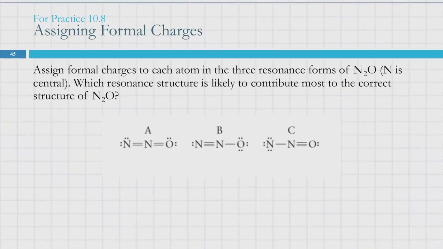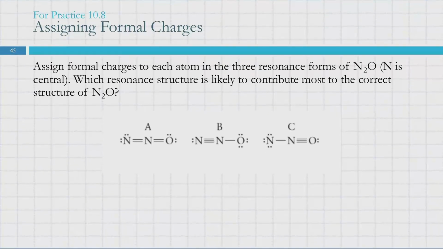All right, assign formal charges to each atom in the 3 resonance forms of N2O, where one of the nitrogens is central. Which resonance structure is likely to be the most correct structure of N2O? How many electrons does nitrogen like to have?